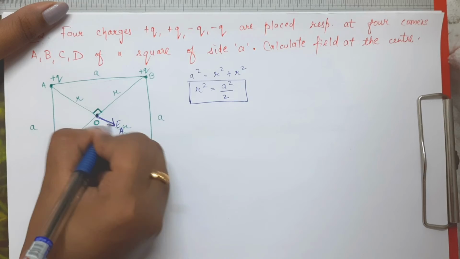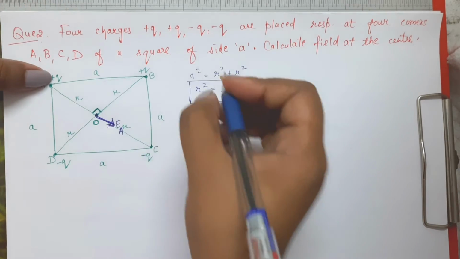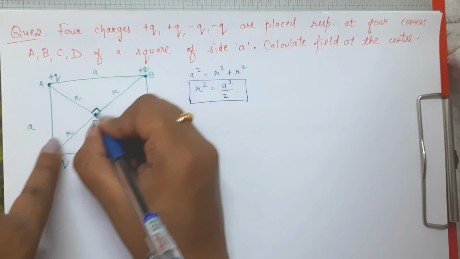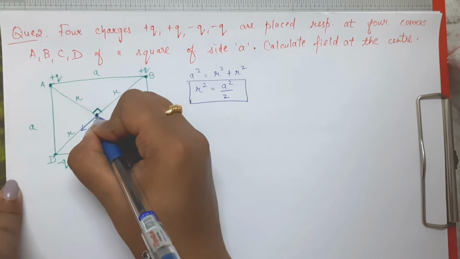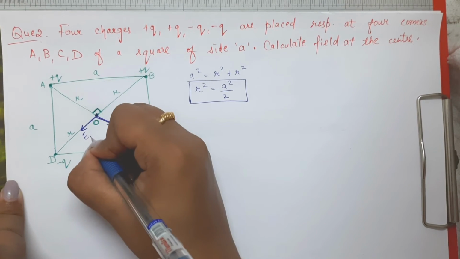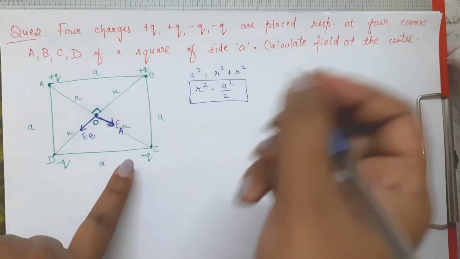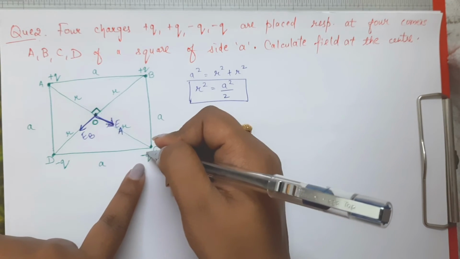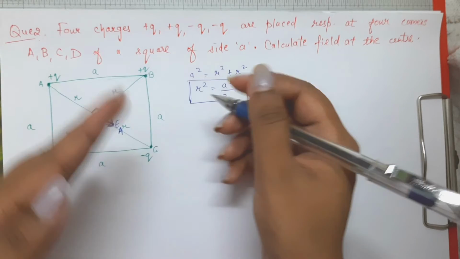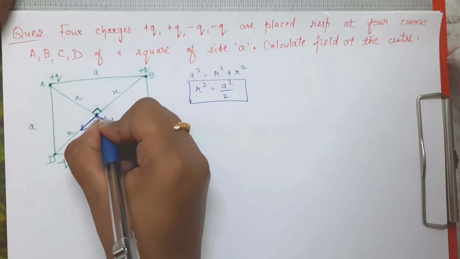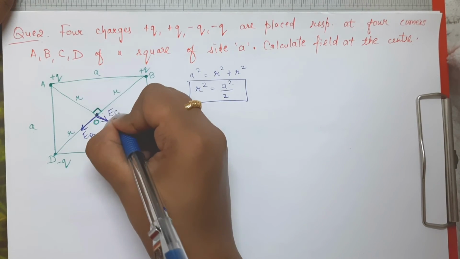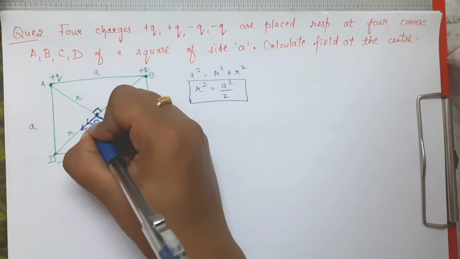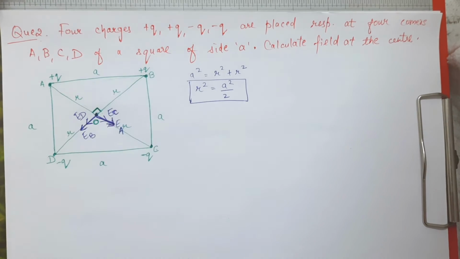So field will be in this direction due to this plus q charge. Now due to this plus q charge, field will be again radially outward, so this will be in this direction, so this will be EB. For C, for minus q charge, field will be radially inward, so for C it will be like this, so EC will be in this direction. Similarly for this minus q charge at point D, field will be in this direction, ED, right?